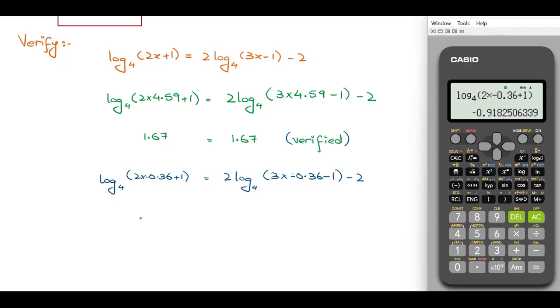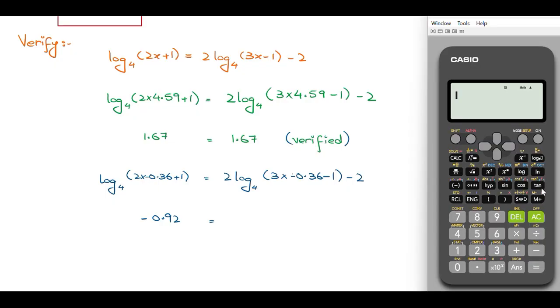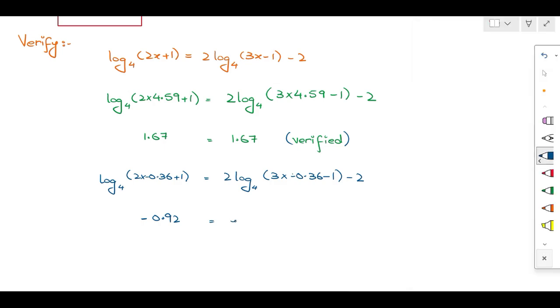This is negative 0.92, 1/8 rounded to 2, right? And the other side is 2 into log of 3 times minus 0.36 minus 1, and minus 2, error. Why? Because log of a negative number does not exist, so this is not verified.